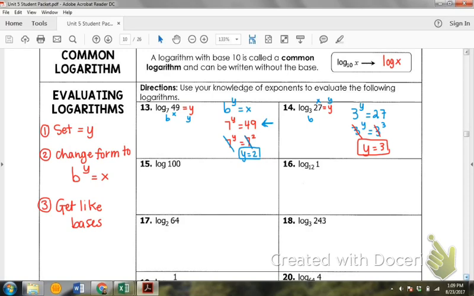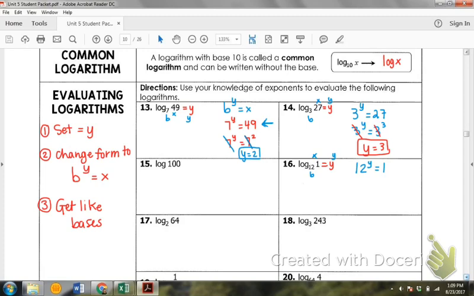On 16, we know this is equal to y. So here is my b, x, and y. What is the exponential form here? Daniel, what's going to be the exponential form? 12 to the y power equals 1. Okay.